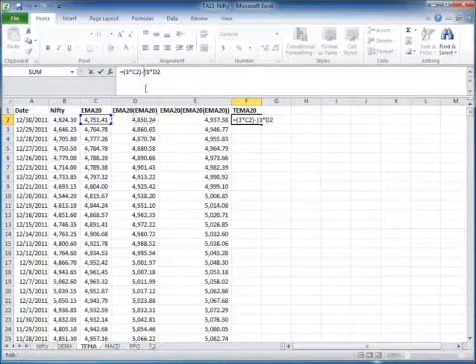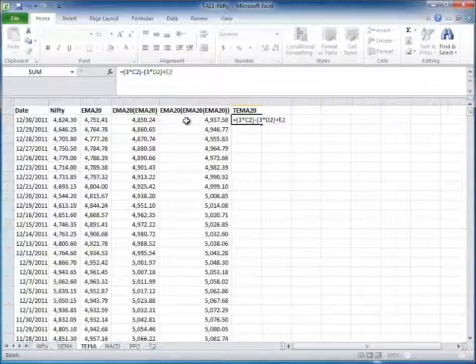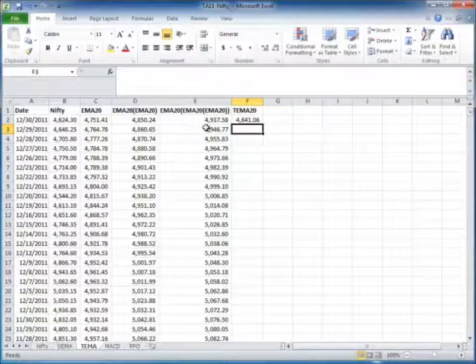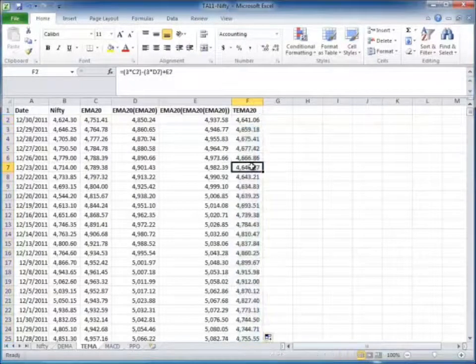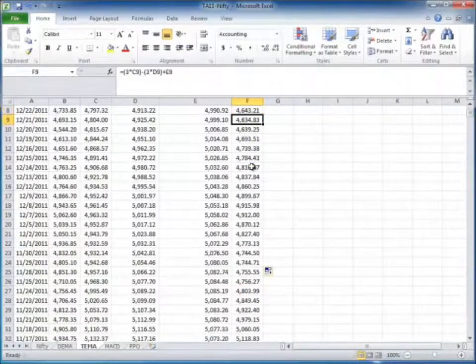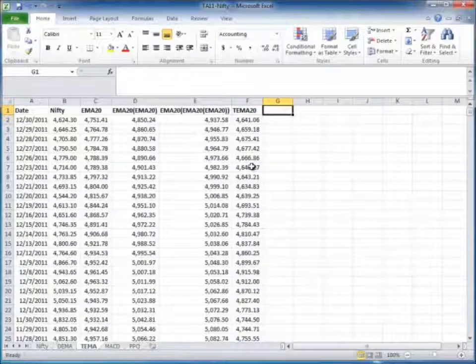Okay, I think I have the brackets the wrong way around, but that's okay. There we go. And then plus the EMA of the EMA of the EMA. And this becomes our triple exponential moving average. So let me copy this all the way down. And now we have this full series. So there we have the triple exponential moving average.